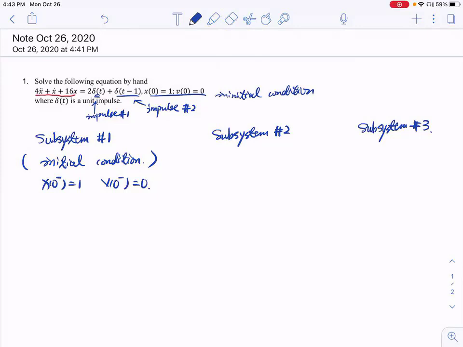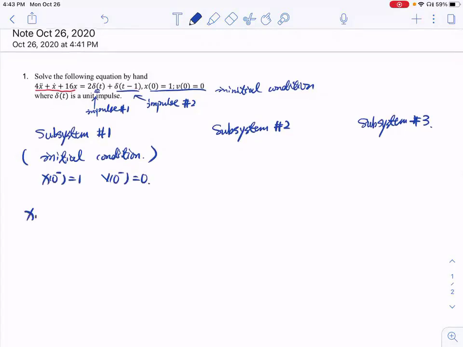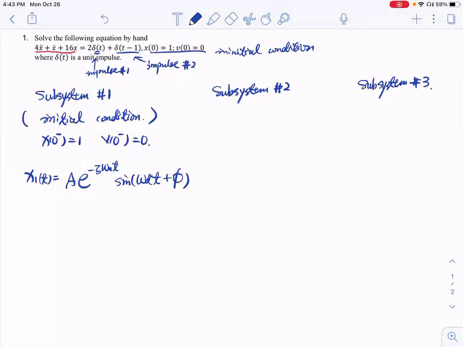And then what's the solution for this type of excitation? That's just a free vibration under a certain initial displacement. As I said before, the solution here is A e^(-zeta omega_n t) sin(omega_d t + phi). We just mentioned this, and it is actually in the table I already gave you.